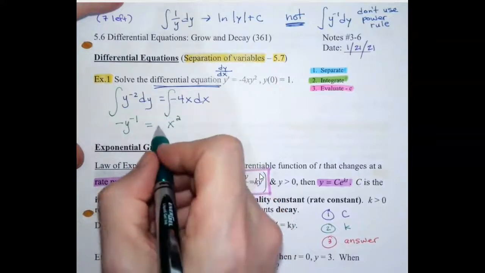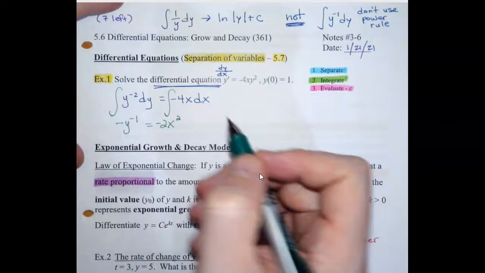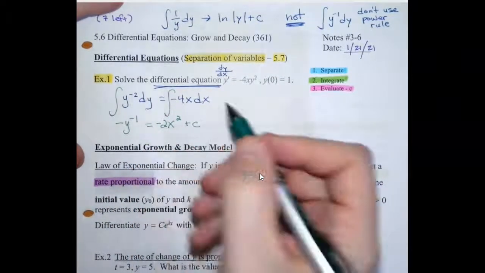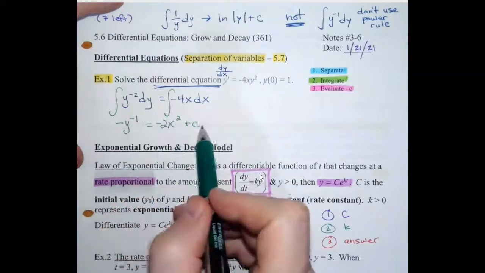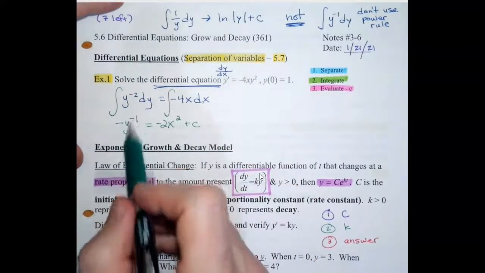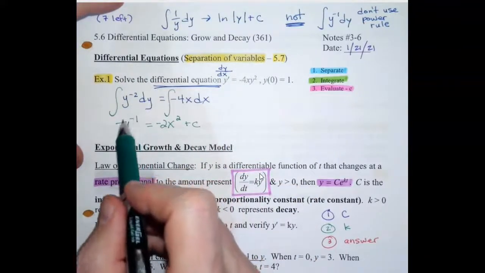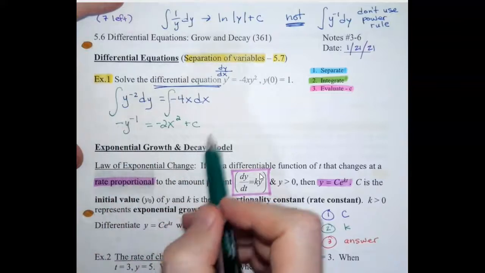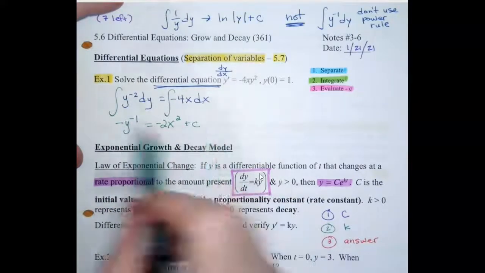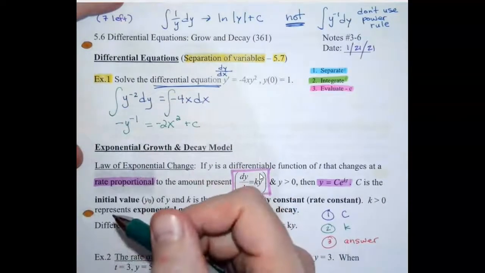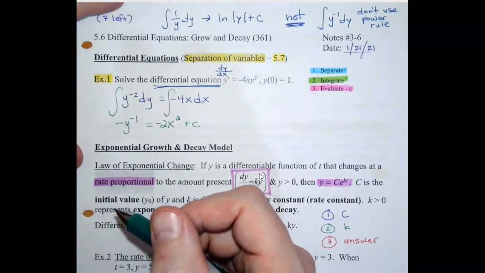So we're going to have negative 4 divided by 2, so that's going to be negative 2. Technically we would have a plus c over here and a plus c over here, but then we would take this c, whatever it was, and take the opposite of it and put it over here. We don't want 2 plus c's on there, it's just extra. So we're just going to do that.